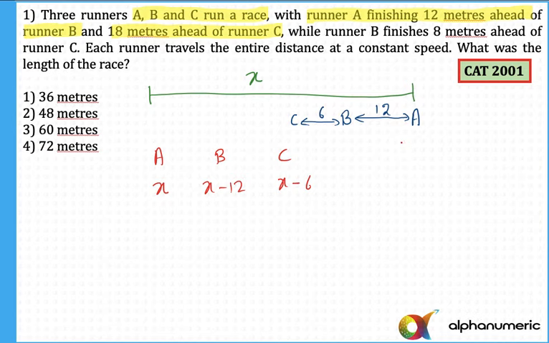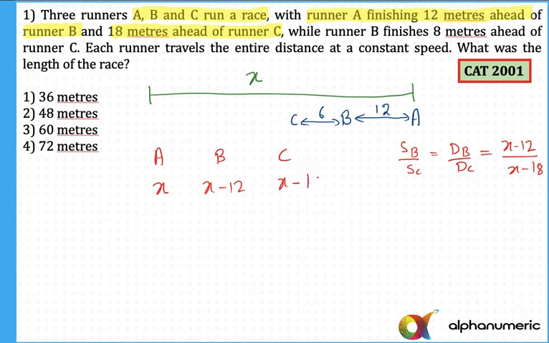So I can say that the speed of B upon speed of C is equal to the distance traveled by B to the distance traveled by C. And in the first case, the distance traveled by B and C are X minus 12 and X minus 18. It is not 6, but it is X minus 18. I'll just make a correction. This is X minus 18. So C has traveled X minus 18 here.